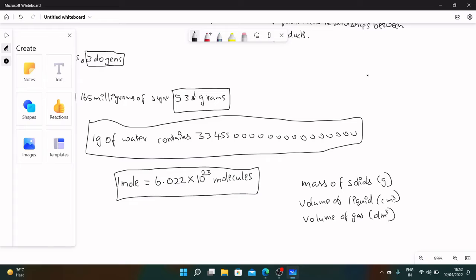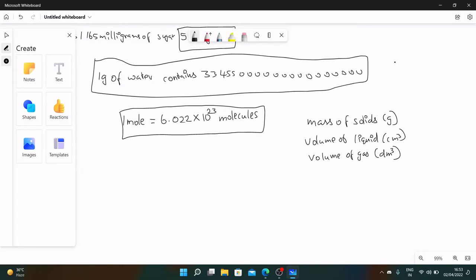Number of moles is calculated differently based on whether you're taking solid, liquid, gas, or whatever values you have. In this video, we look at how to find the number of moles in a substance based on its mass when it's in the solid form.